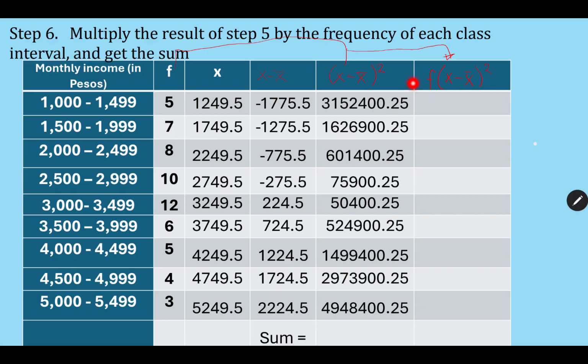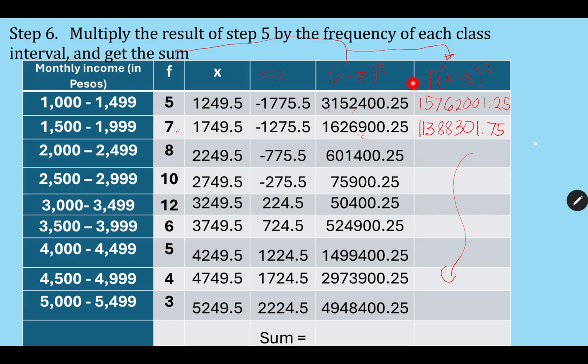Okay, so multiplying 5 in 3,152,400.25 gives us this number, 15,762,001.25. Now 7 times this number would give us 113,883,01.75.